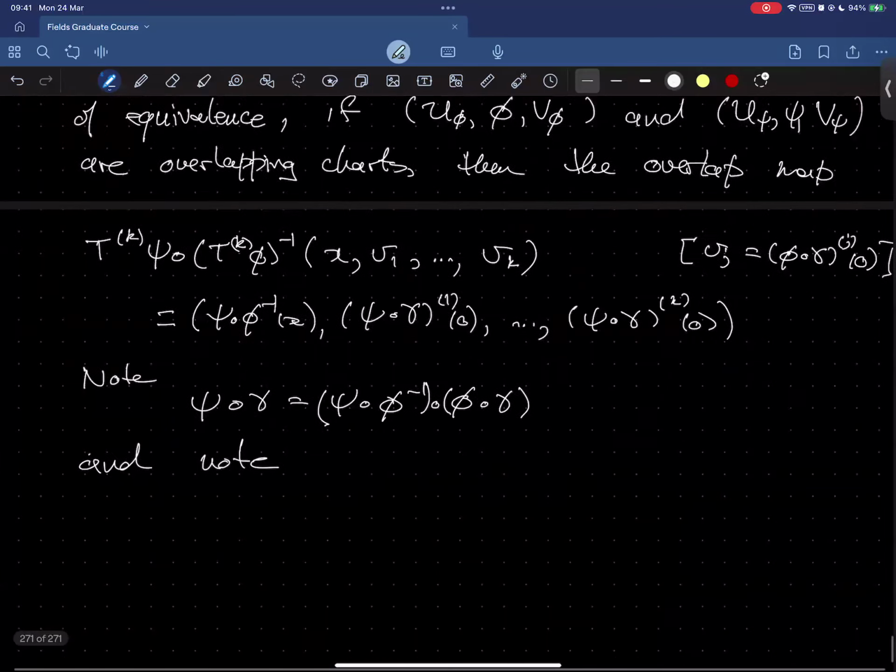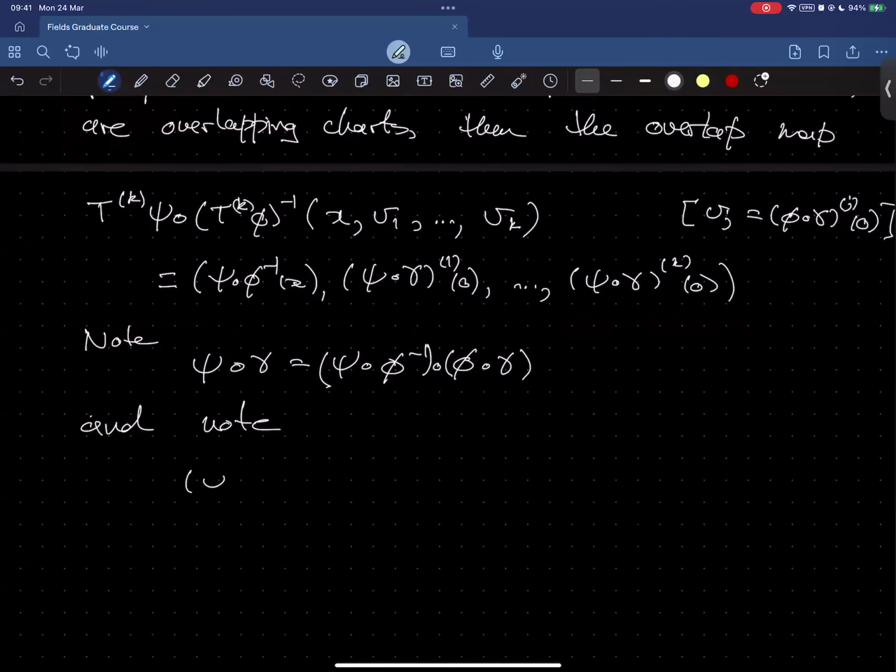As I said before, note that psi composed with gamma_j is going to be, now I have to again use the Faà di Bruno formula to give an explicit formula for this.